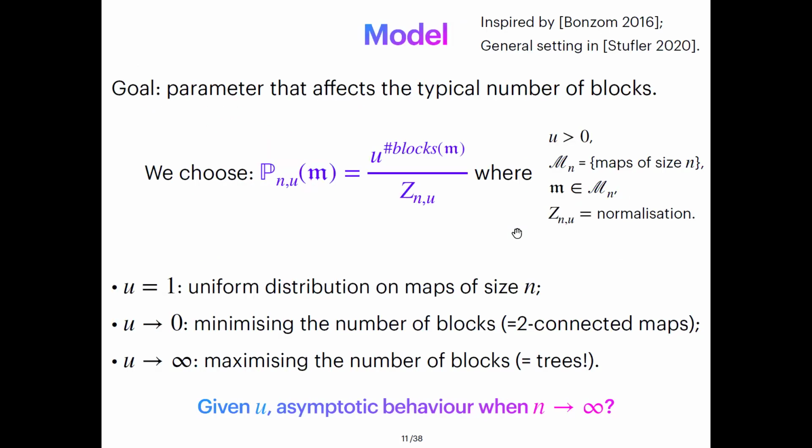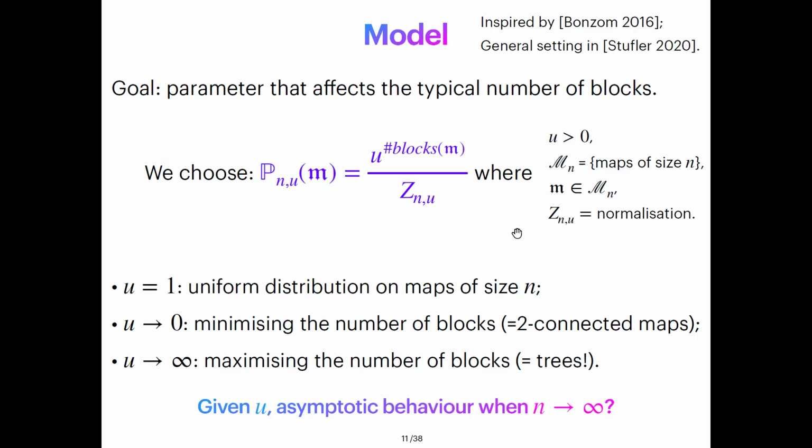The model we'll be looking at in particular is using what is called a Boltzmann weight for blocks. So we use a variable u, and we choose that the map M of size n is drawn with probability proportional to u to the power of its number of blocks. So when u equals 1, it's simply the uniform law on maps of size n.